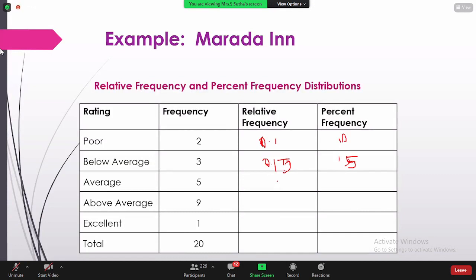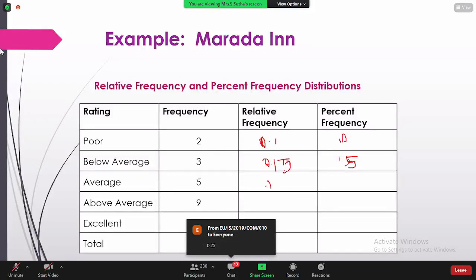And the relative frequency for the class average? 0.25. And for the percent frequency? 25.